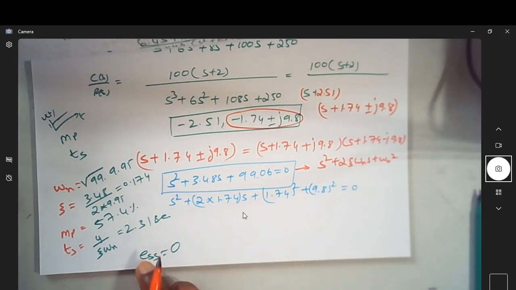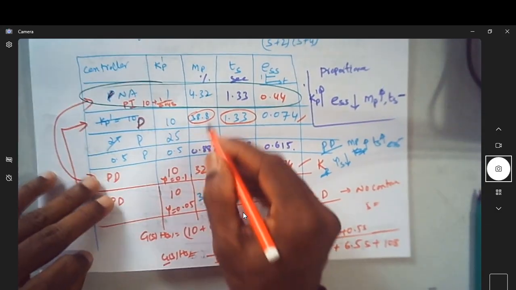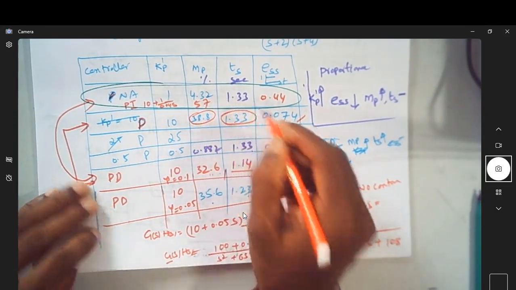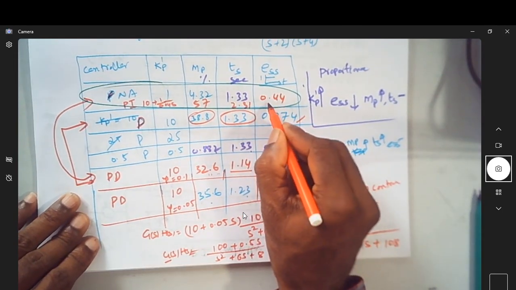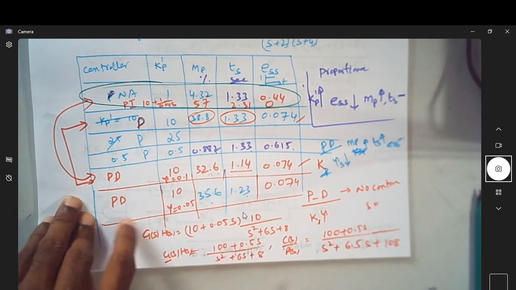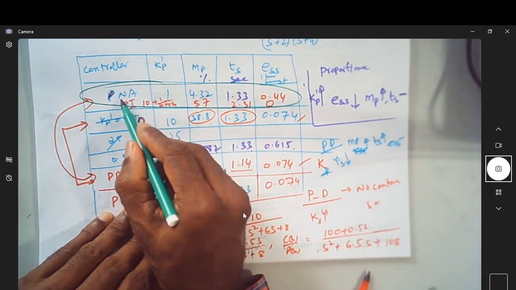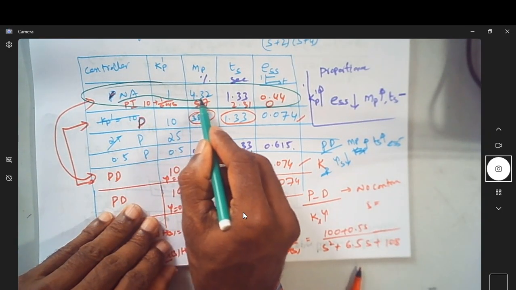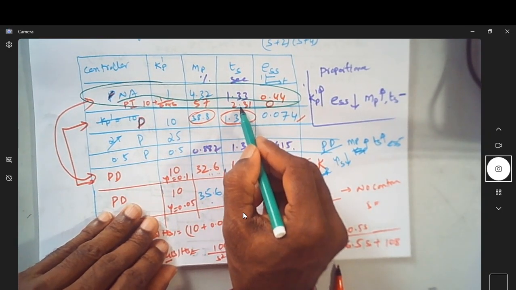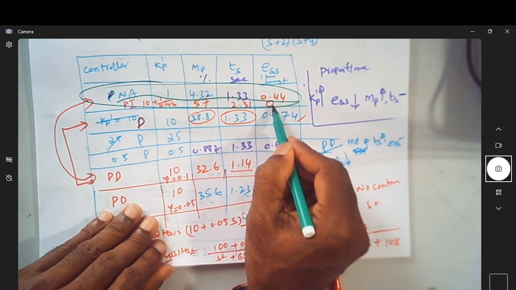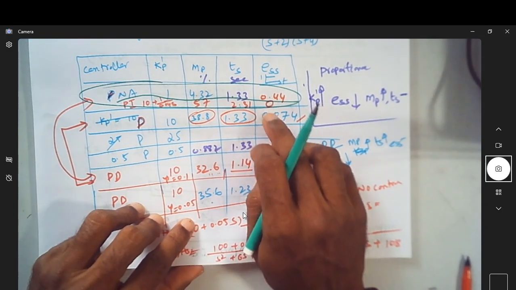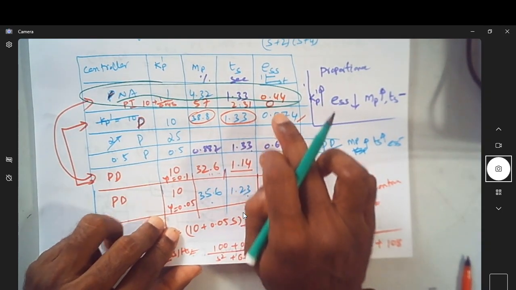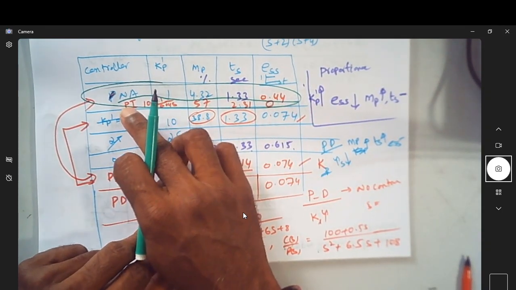We got it as 57%, settling time is 2.31 second, but ESS is 0. So of course you are getting a larger overshoot, it will take larger time, but ultimately the steady state error becomes 0. This is the advantage of having a PI controller.